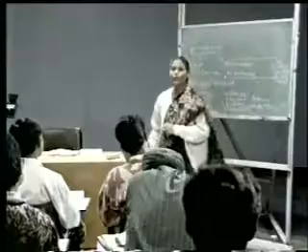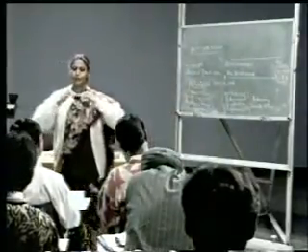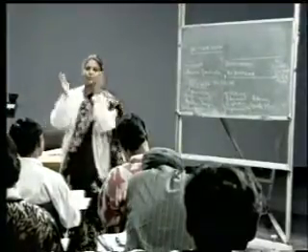But in normal day-to-day life, we say that there are two ends of the same continuum. Satisfaction is one end of the continuum, dissatisfaction is another end of the continuum.